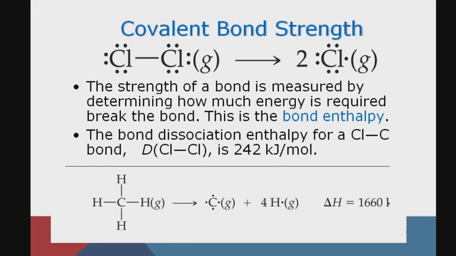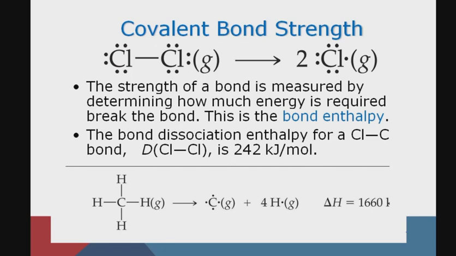Covalent bond strength. And this is the example: Cl2(g) to 2Cl(g). The strength of a bond is measured by determining how much energy is required to break the bond. This is the bond enthalpy.